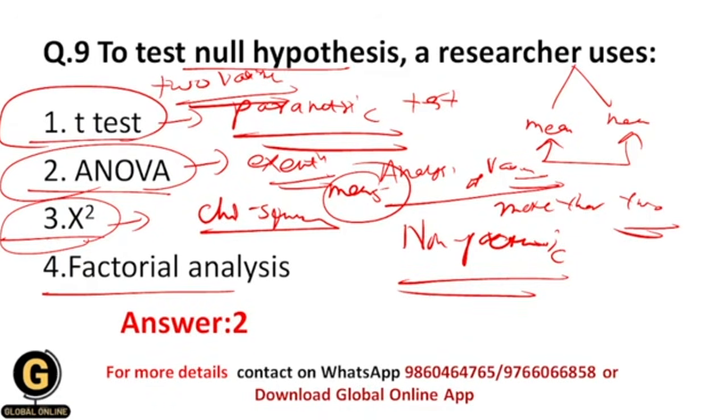And that's why to test a null hypothesis, the researcher does not use chi-square test. And what is factorial analysis? So basically factorial analysis is the technique by which we reduce a large number of variables into smaller variable factors, and that's why it is called factorial analysis. So your correct answer for this question should be 2.